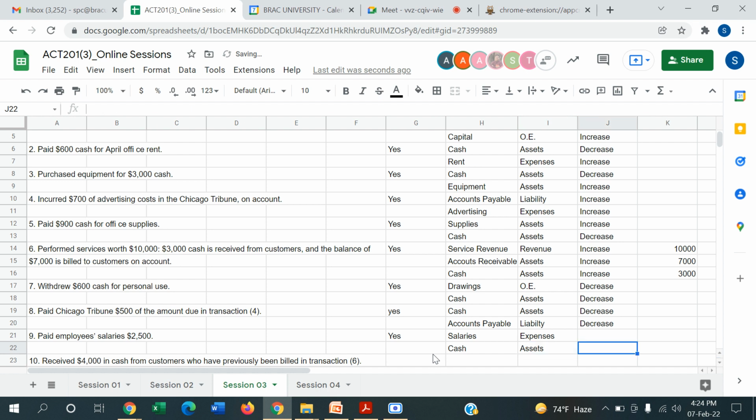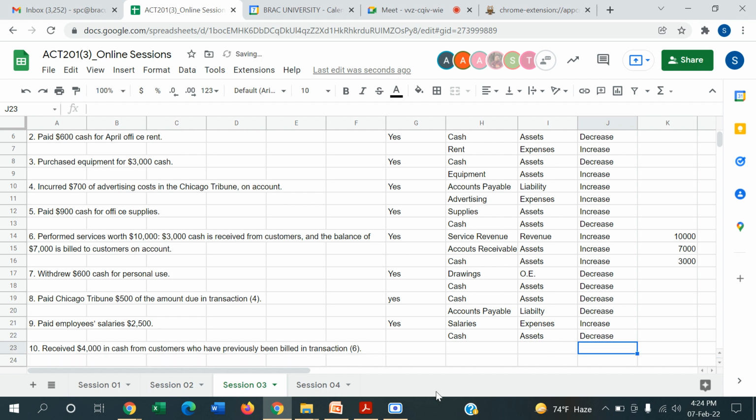Cash is an asset. You don't have to mention what kind of asset or liability later on, not at this moment. We're still discussing the very basic thing of accounting. So salaries expense is increasing or decreasing? Increasing. Cash decreases. Yes, cool.